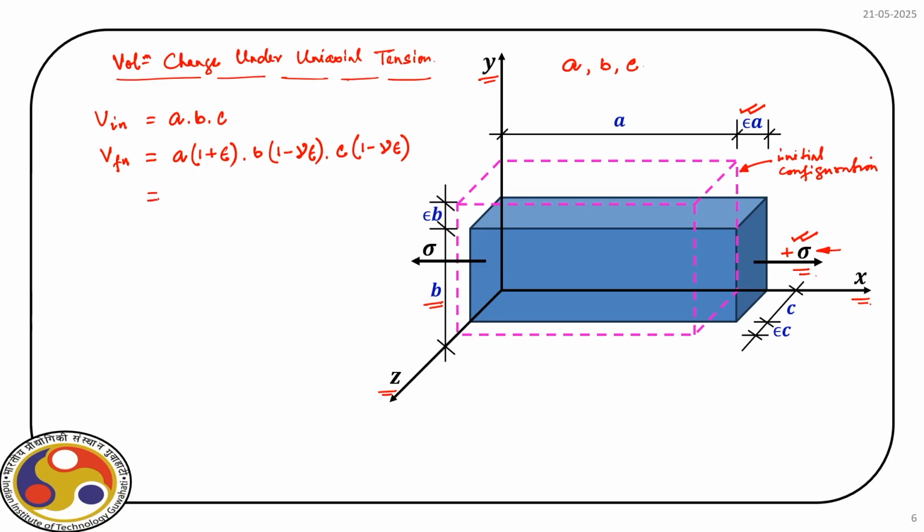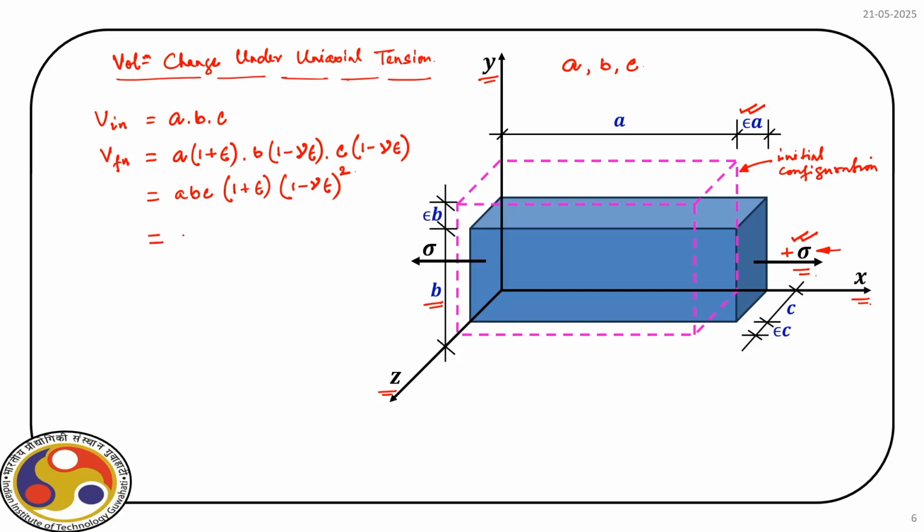So, we can simplify this, we can collect A, B, C, and then what we have is 1 plus epsilon, then 1 minus nu times epsilon whole square.